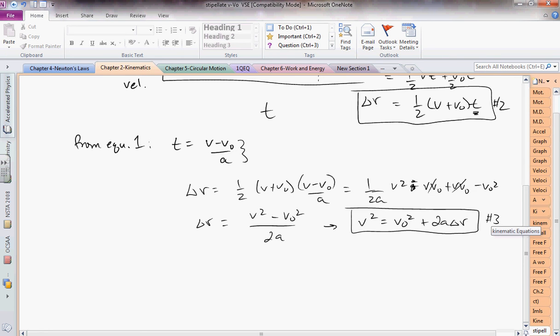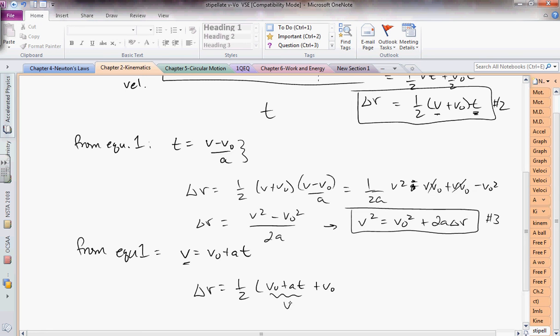All right, so for the final equation, we're going to go back to equation 1, and we're not really going to rearrange it. We'll just say v is equal to v naught plus at, and now we're going to sub this expression for velocity into equation 2. So now we're going to get delta r is equal to 1/2 (v naught plus at plus v naught). So again, this whole thing is equivalent to v. Multiply that by time, and again, we're just going to do some algebra and rearrange things here.